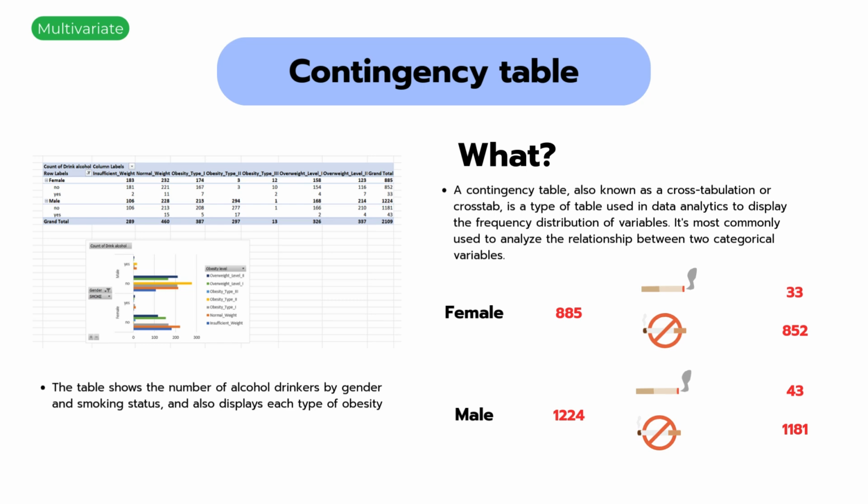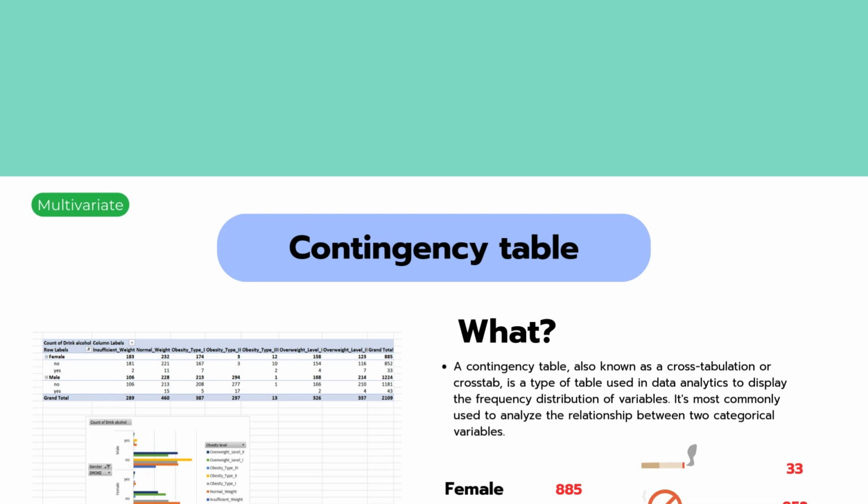For females, we have a total of 885, divided into insufficient weight for 183 people, and separated into non-smoking 181, and smoking just 2 people, like this that you can see.